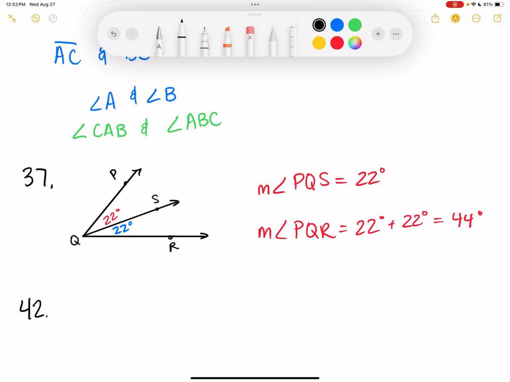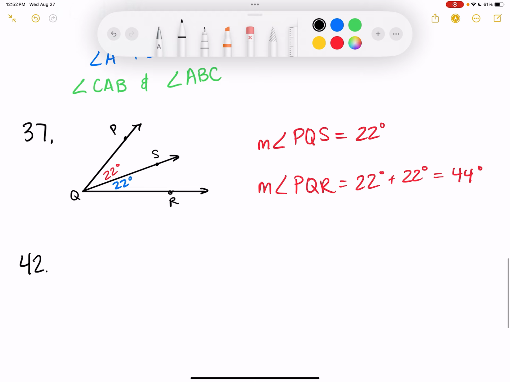42. Same instructions here. The picture just looks a little different. So we've got R down here, S and P, and then this is drawn around like this.